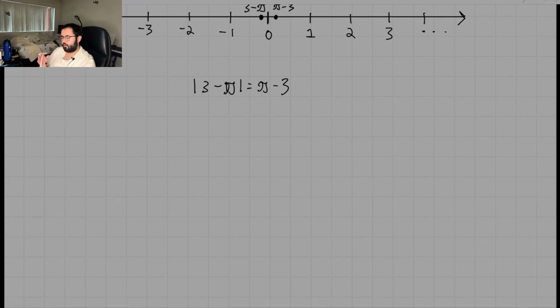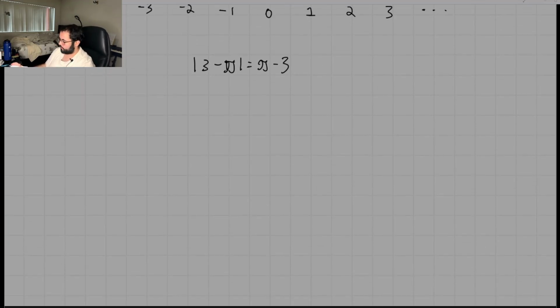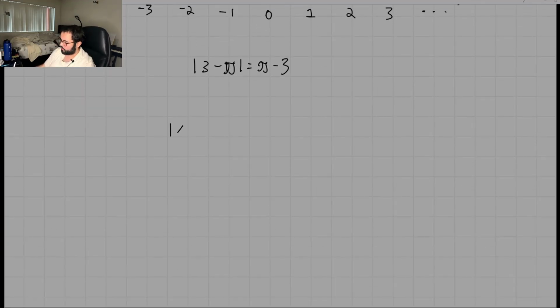So after looking at all these examples, we can write an algebraic form for the absolute value function. The absolute value of x is equal to x if x is greater than or equal to 0, and negative x if x is less than 0.